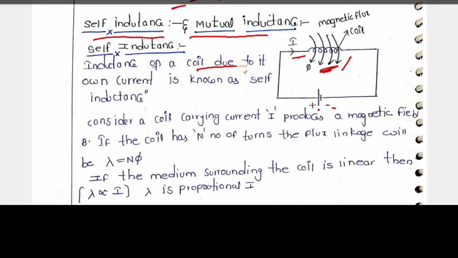The magnetic flux direction you can also give by the thumb rule. Inductance of a coil due to its own current is known as self-inductance.